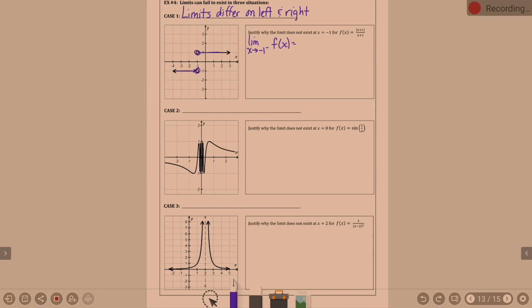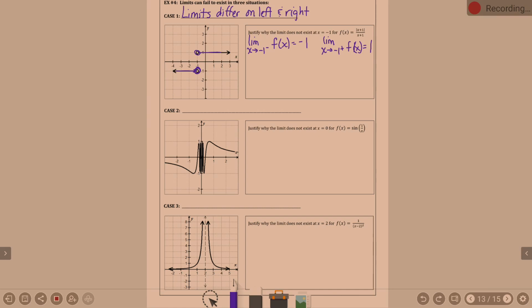As we approach from the left, it's -1. Now let's do the other one. What's the limit as x approaches -1 from the right? It's 1. There's the 1. Caitlin will learn her left and right in AP Calc, right?